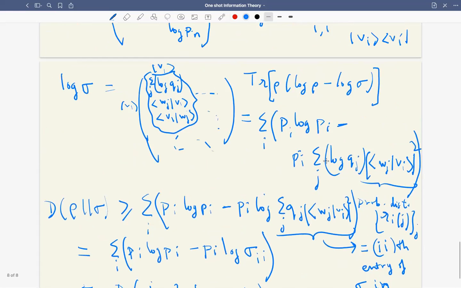So let's come to this expression. Now I want this quantity to be finite, which basically means that this quantity should be finite. p_i log p_i will always be finite. I mean, it is between 0 and 1, right? Even if p_i is 0, we know that this quantity is 0. So the only thing which can be potentially infinite is the second quantity, that is this. So let's write it down.